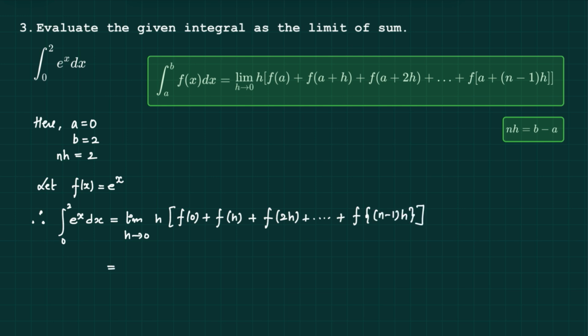So it equals the limit h tends to 0 of h, f(0) is e to the power 0, and that is equal to 1. So the first term inside this bracket is 1, plus the second term is f(h), so it is e to the power h, plus the third term is e to the power 2h, and similarly the last term is e to the power (n minus 1) into h.